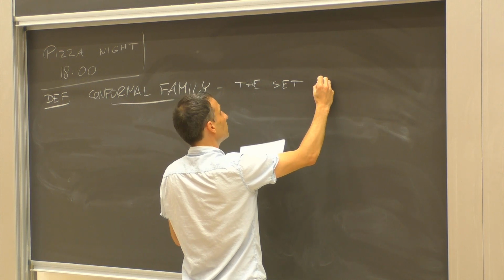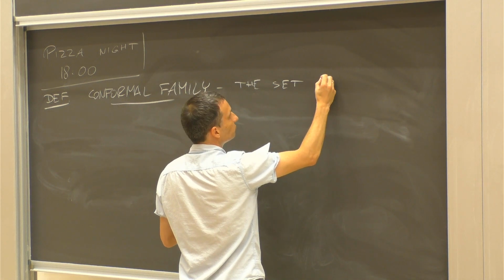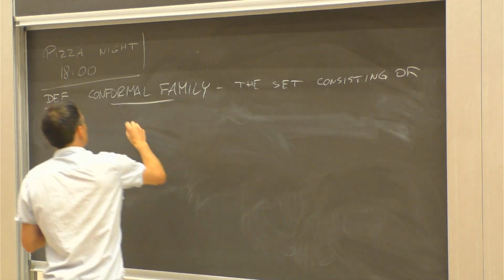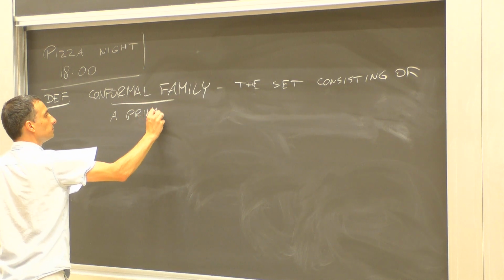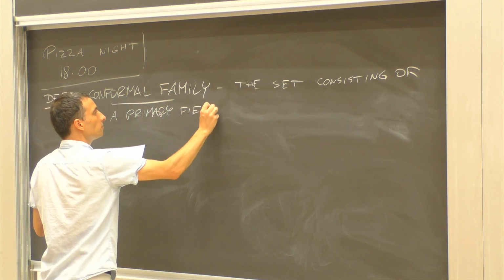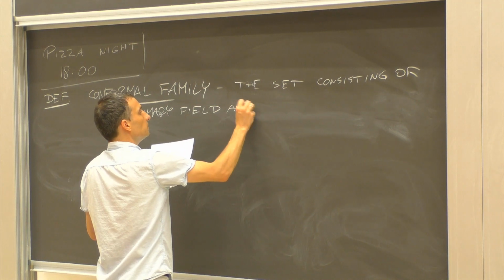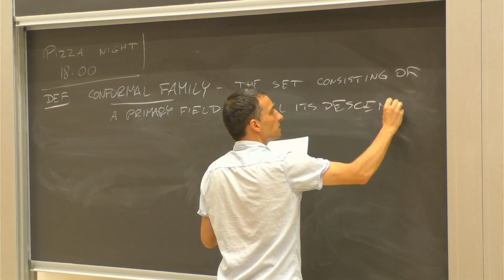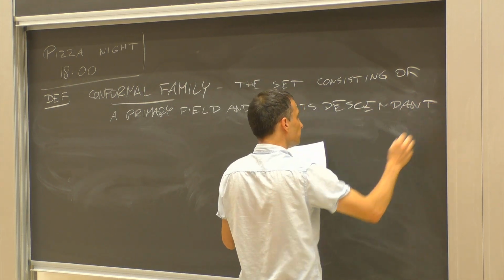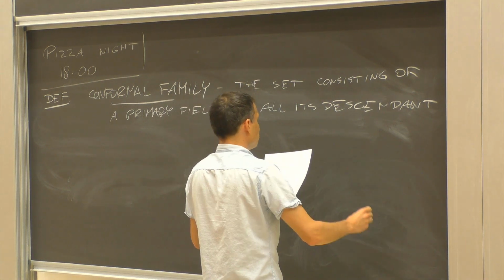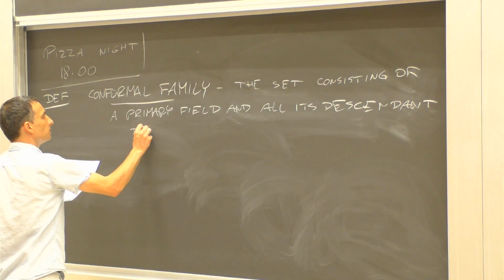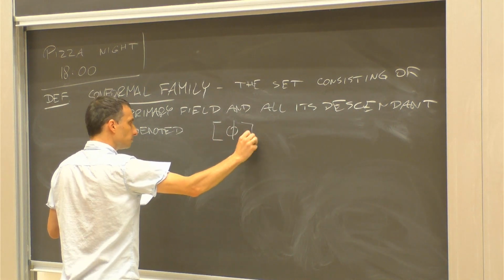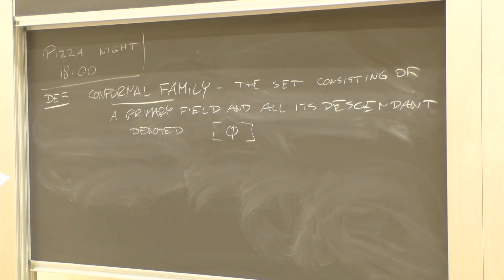So the set consisting of a primary field and all its descendants in the sense of descendant fields. And this is often denoted in this way by a square bracket with the primary field inside.